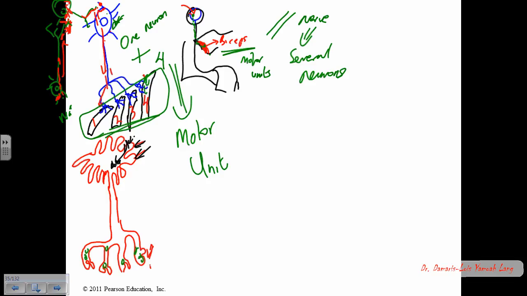So in that way, we don't waste energy, because if I'm holding this glass case, spectacle case, do I need all my biceps to contract to hold it compared to a block or something heavier? Does that make sense? So you don't need all your biceps muscles to contract. So having different motor units is a good thing to allow what we call recruitment, asynchronous contractions, and all of that, which doesn't fatigue all the muscles.